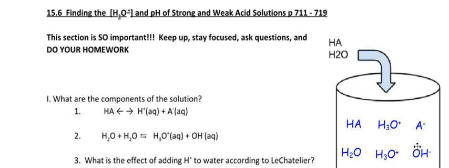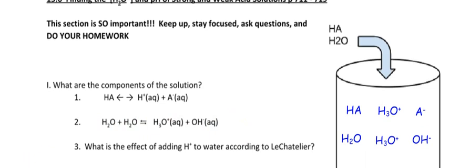Interesting question. In other words, what is the effect of diluting the H plus, or diluting the acid? Isn't that adding more water? If I dilute it, what's going to happen according to Le Chatelier? Well, here's my water. It's going to shift right. You're correct.